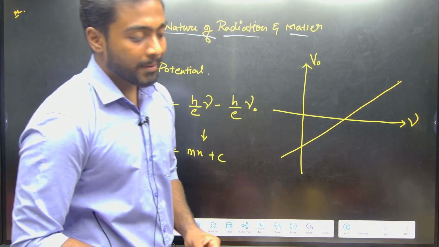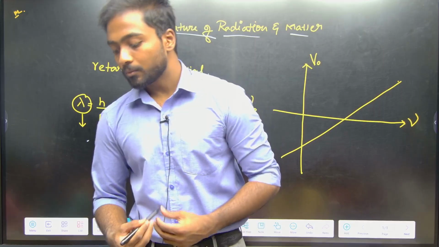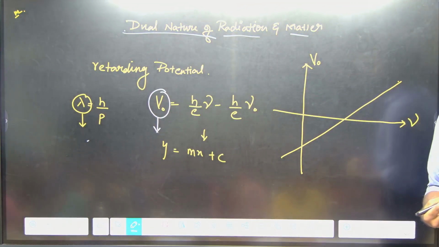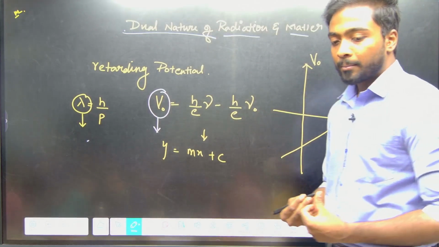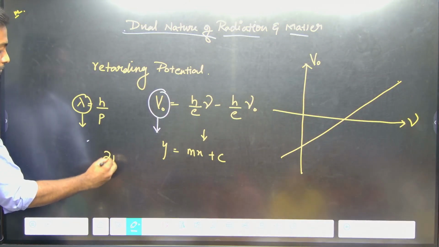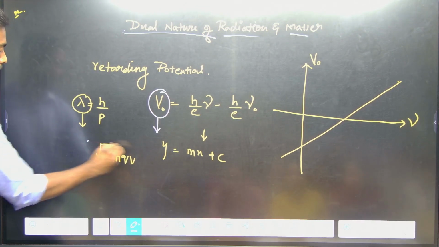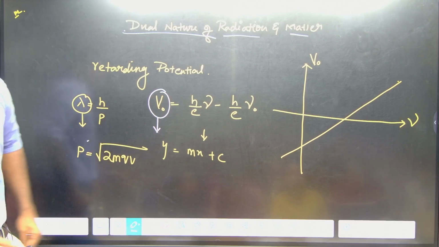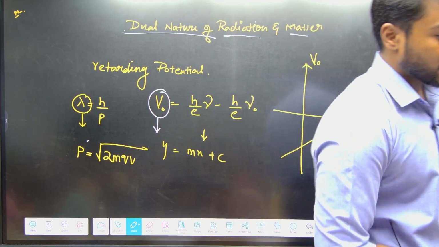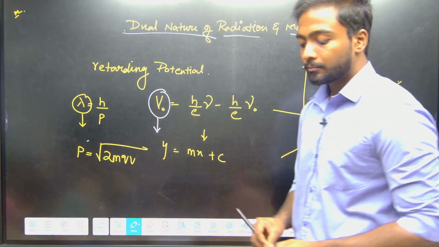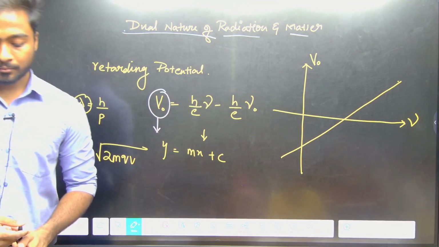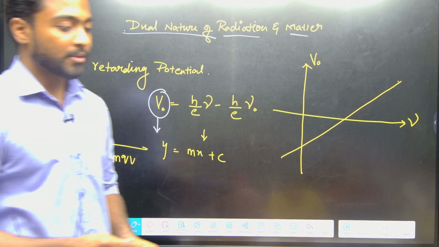Write down the next formula. P is equals to under root of 2mqV. V is the accelerating potential, q is charge, and m is the mass of the particle.